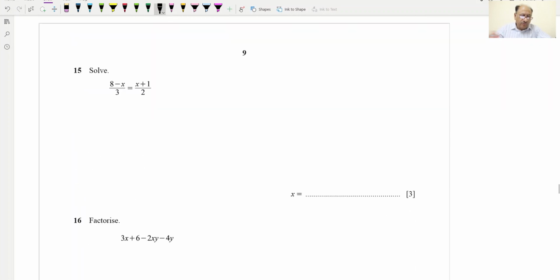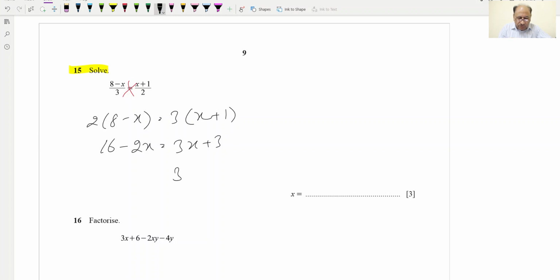Now question number 15, we have to solve this algebraic equation. For that we will cross multiply, and to cross multiply we will write 2 into 8 minus x is equal to 3 into x plus 1. We can open the bracket: 16 minus 2x is equal to 3x plus 3. We can shift this minus 2x to the other side. So 3x plus 2x is equal to 16 minus 3.